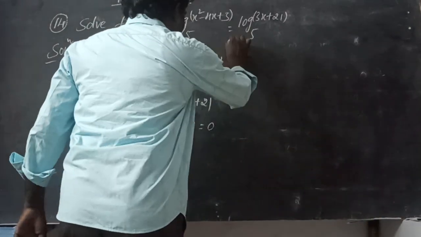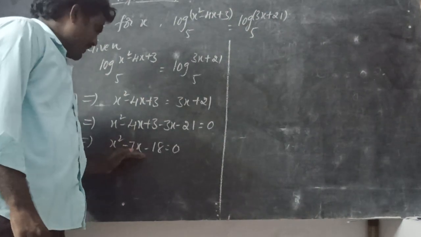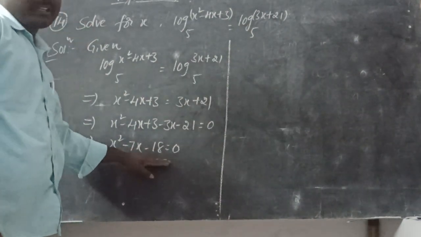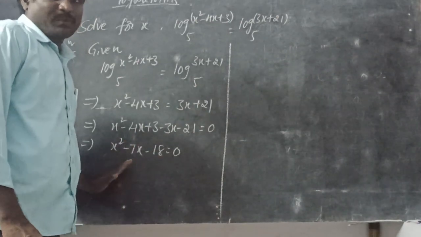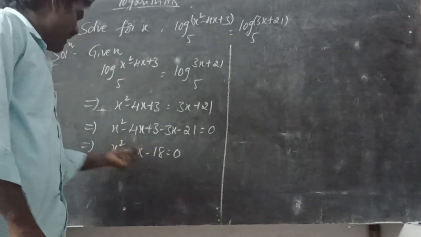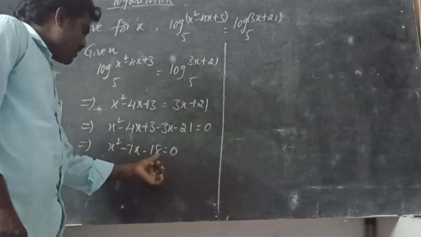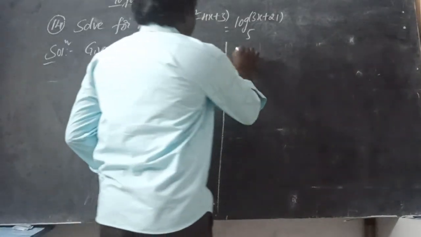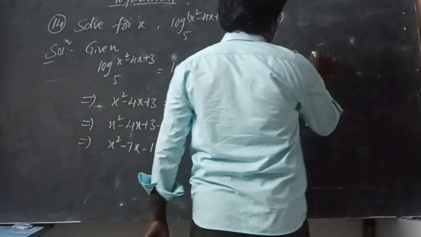Okay, so it is a quadratic equation. x square minus 7x minus 18 is a quadratic equation. It is not an algebraic identity expression, so we can find the factors. Here the x square coefficient is 1, the constant is 18. So x square minus 7x minus 18 is equal to 0.